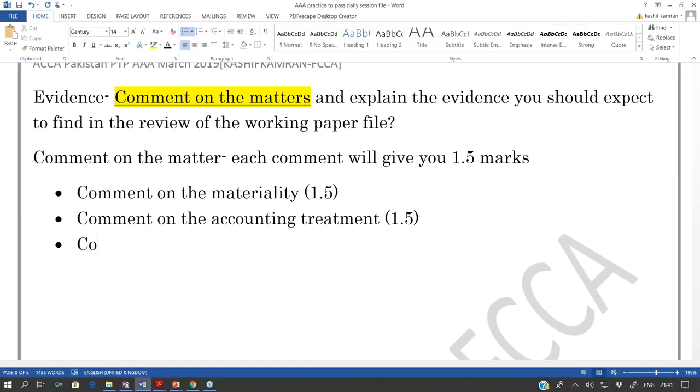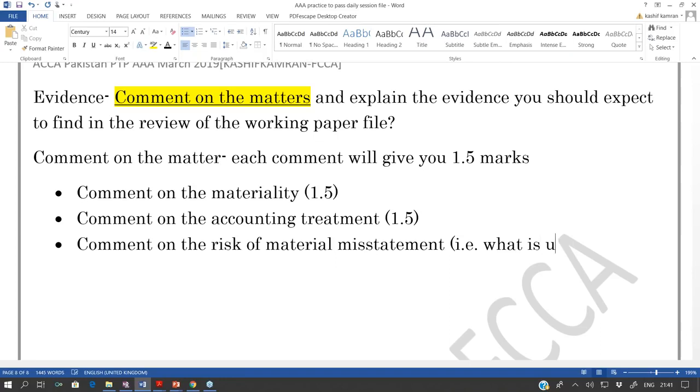And then you have to comment on the risk of material misstatement, that is, what is understated or what is overstated. And with that, you will take another 1.5 marks.